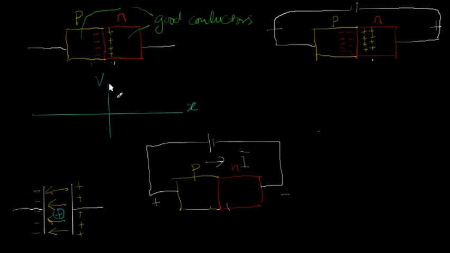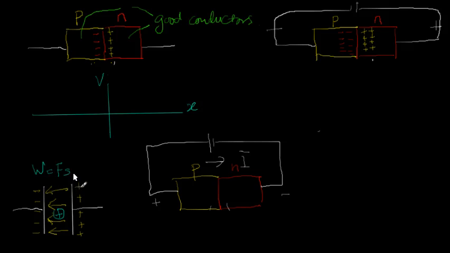So if I want to plot a graph of the potential when I move a positive charge from left to right, the graph would go up, and it would go up in a straight line, because if you remember, work done is equal to force times distance, and the potential is basically work done per unit charge.